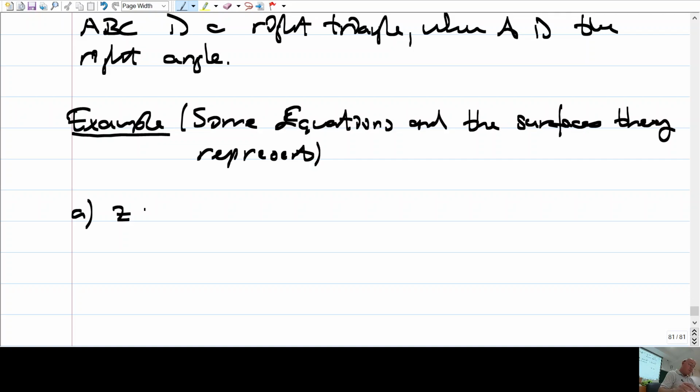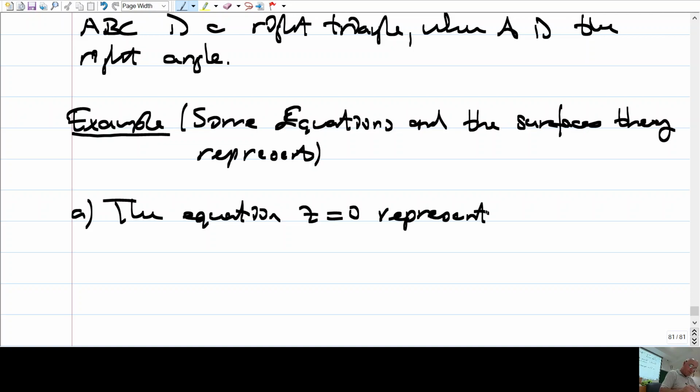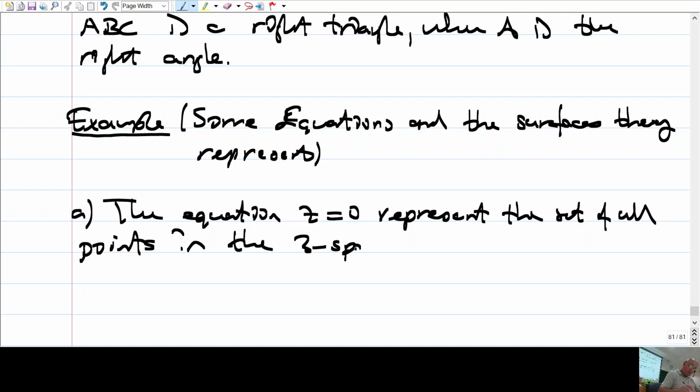For example, this one, the equation z equals 0 represents the set of all points in the space, free space, whose z coordinates are 0.